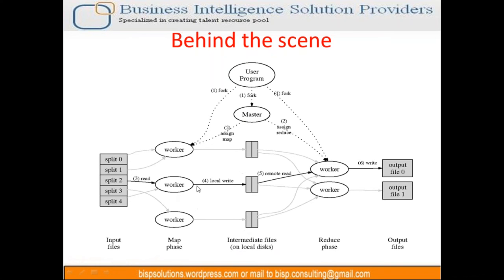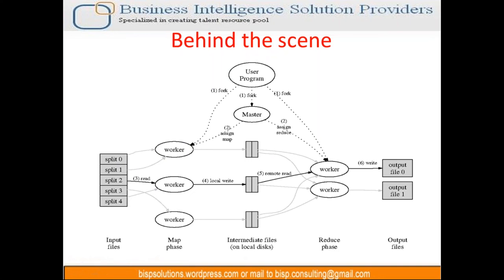Many times people ask you, where is the intermediate output of the mapper written? The answer is it is written on a local disk. It is not written on the HDFS, right? Whenever a mapper process is running, it is reading an input split, but the intermediate key value pairs will be written on the local disk, not on the HDFS.